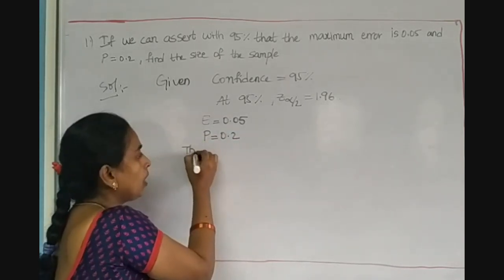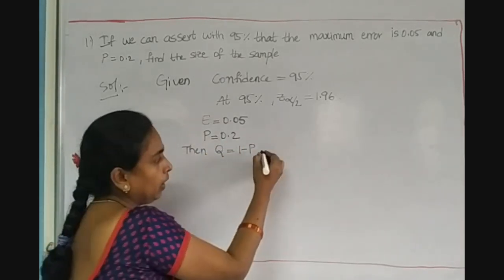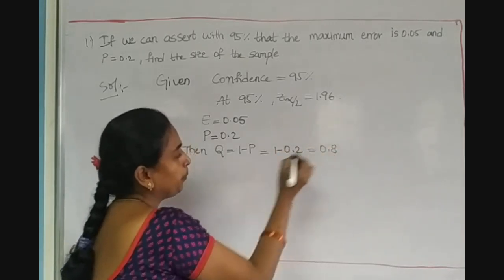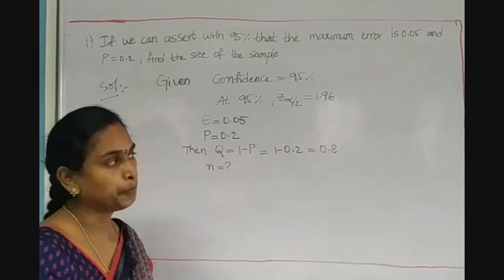Then we can find Q, which is nothing but 1 minus P, that is 1 minus 0.2, that is 0.8. And here they asked to find the sample size n.